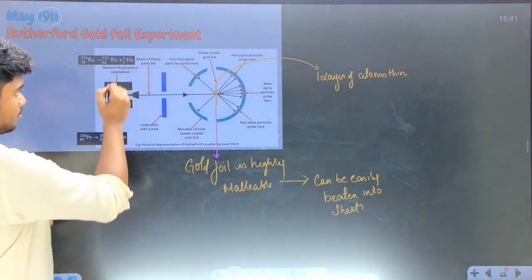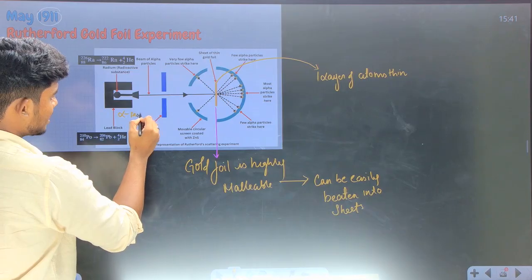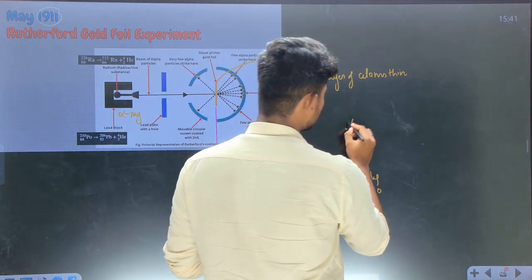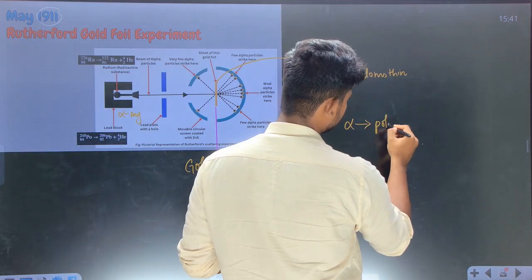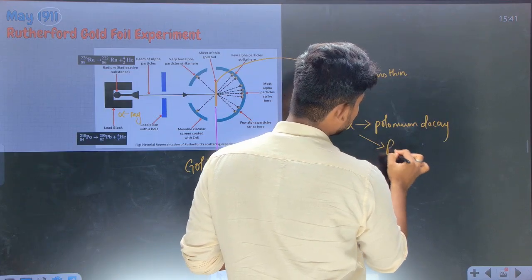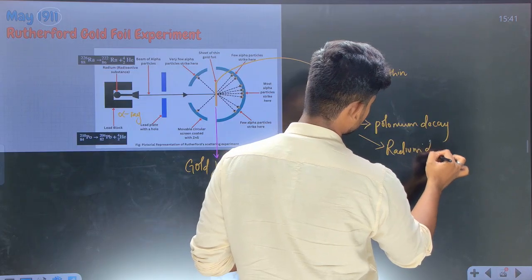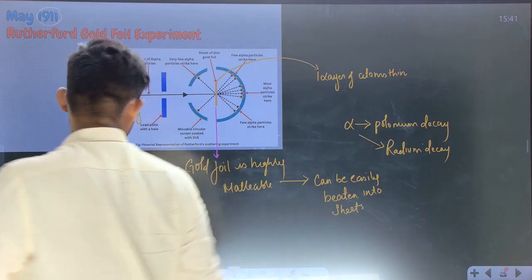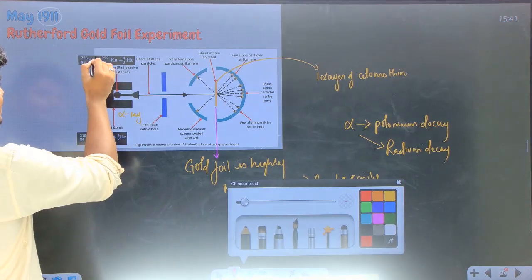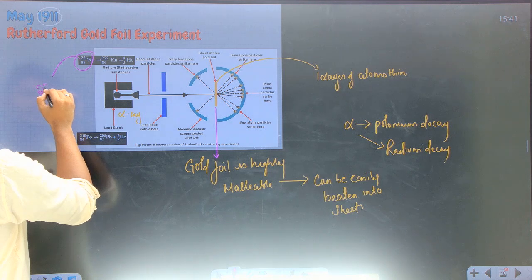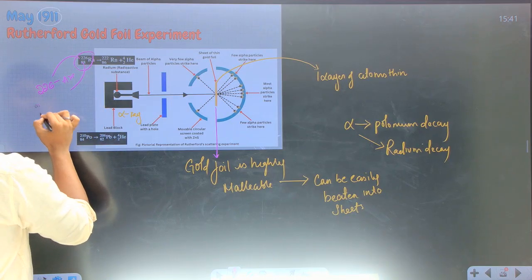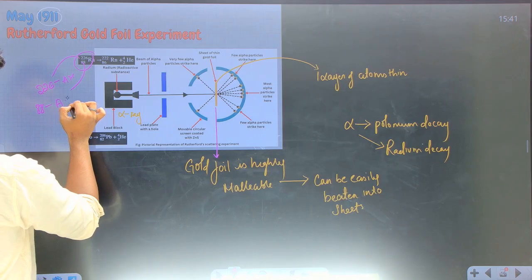And for this alpha ray source that you are seeing here, some books claim that Rutherford used polonium decay, and some say it was radium decay. As you can see here, assuming the alpha ray source is radium decay, 226 is the atomic mass and 88 is the atomic number.